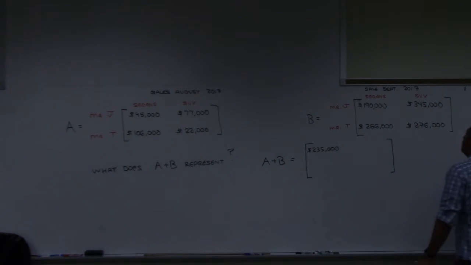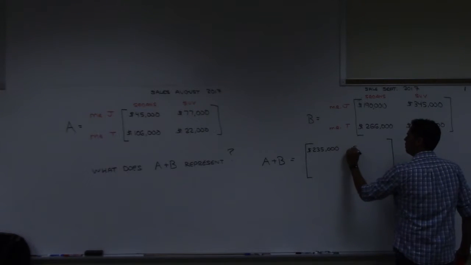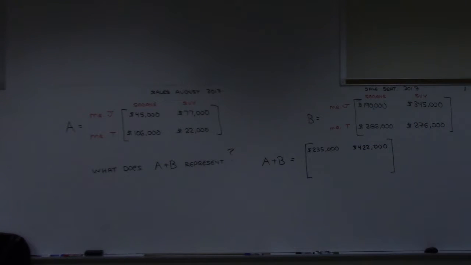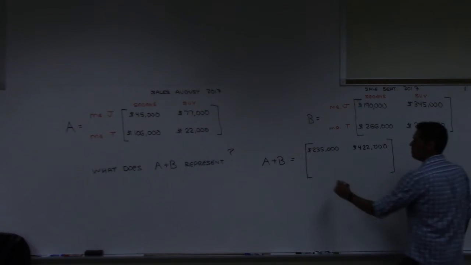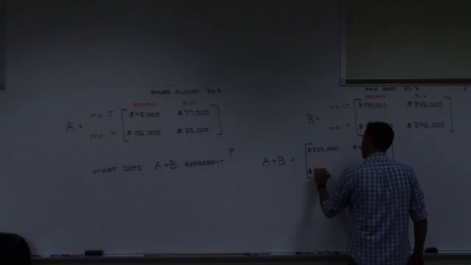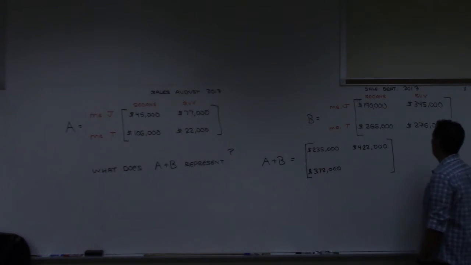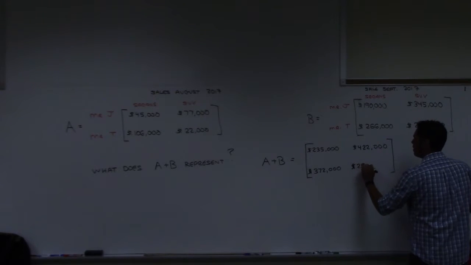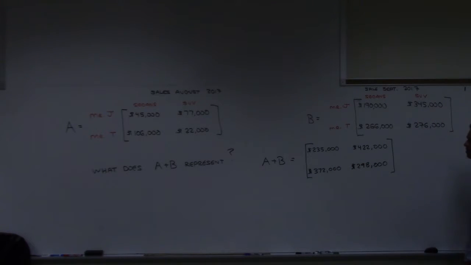What's that? 422. And then bottom left, 372, I believe. In the bottom right, 298. Y'all can check my math. This is just arithmetic. My brain turns off when it comes to arithmetic. Okay? That would be our matrix.